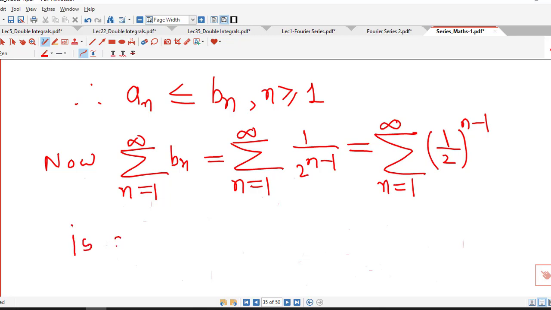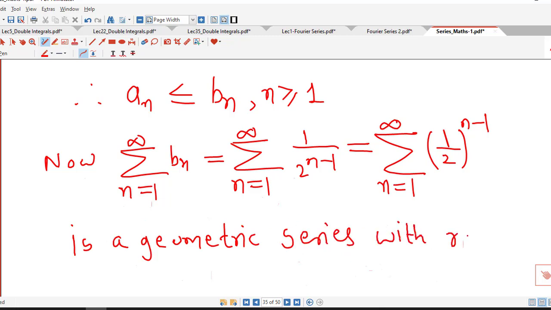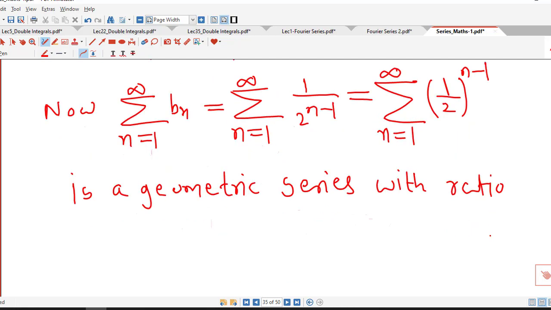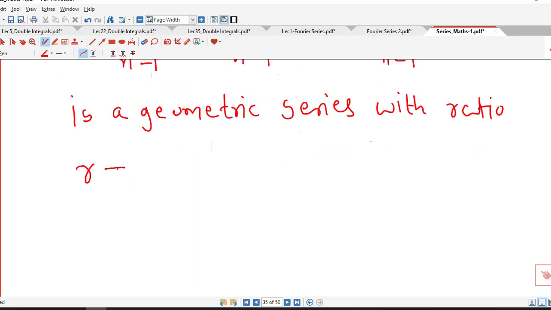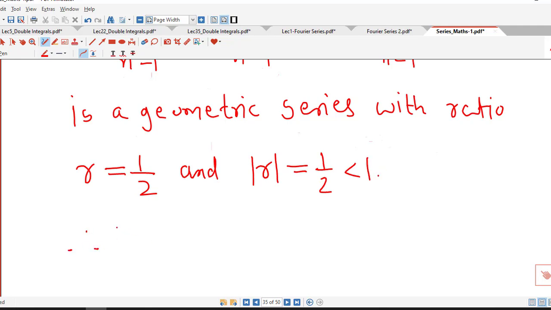And we know that this is a geometric series with ratio r equal to 1 by 2, and absolute value of r is 1 by 2, which is less than 1. So therefore sigma bn is convergent, because geometric series is convergent if and only if absolute value of its ratio is less than 1.